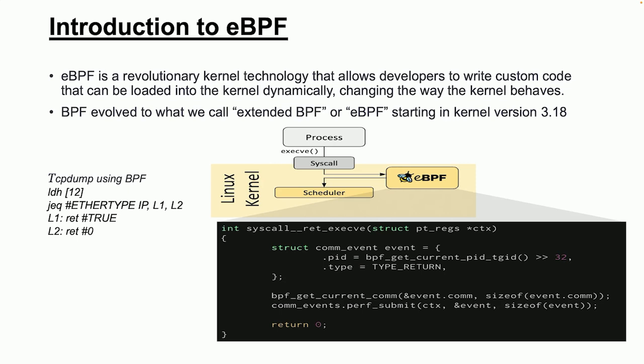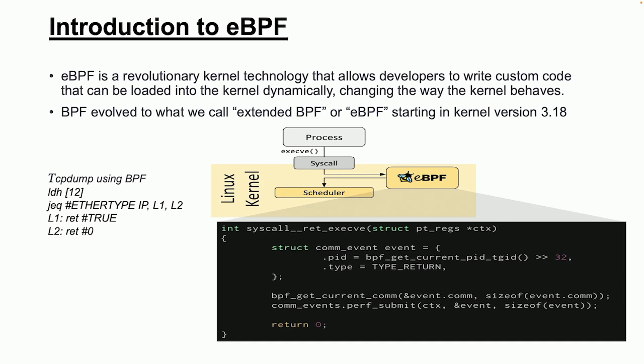BPF actually stands for Berkeley Packet Filter. Initially, it was used for the filtration of packets. If we look at tcpdump, whenever we try to filter a packet at a very low layer in the stack, tcpdump hooks in the BPF program, so the filtration happens at a very low layer for performance reasons.